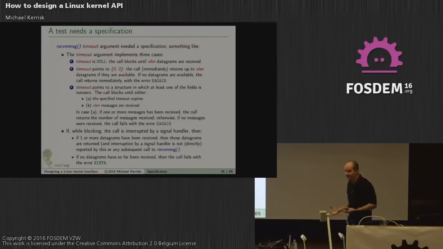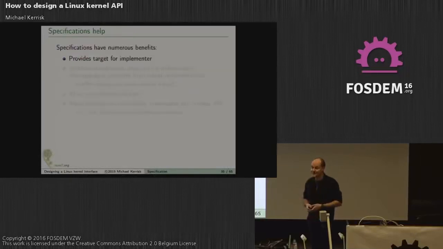So when it came to implementing it, the kernel developer, who didn't really understand, it seems, the timeout framework within the kernel, ended up doing something quite useless. But there needed to be some sort of specification like this, and that simply was never created.